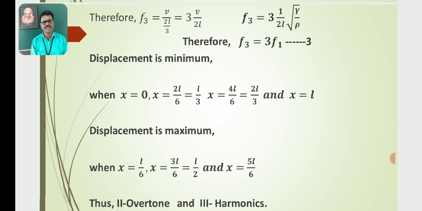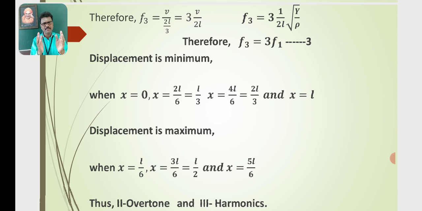Then further, F3 is equal to 3 into 1 by 2L root of Y by rho, where L is the length of the rod, Y is Young's modulus of the material of the rod, rho is the density of the material of the rod.